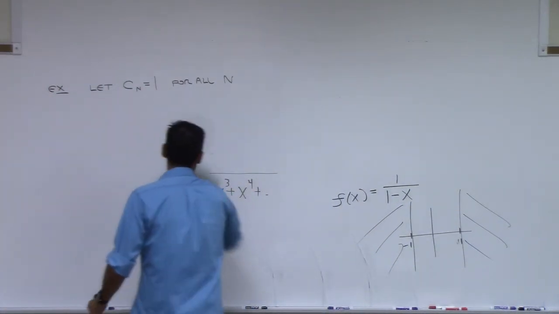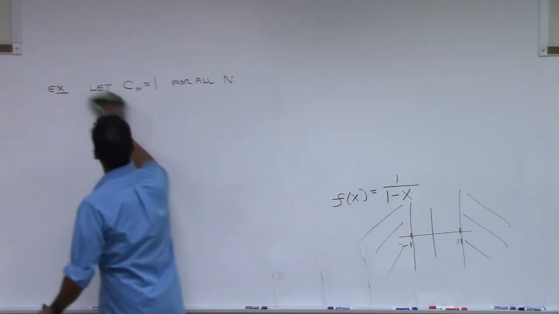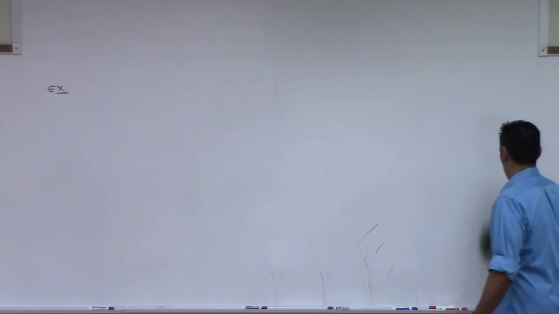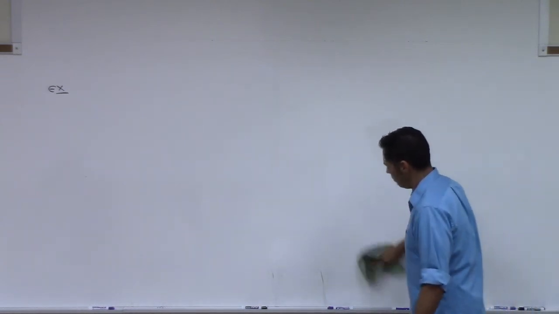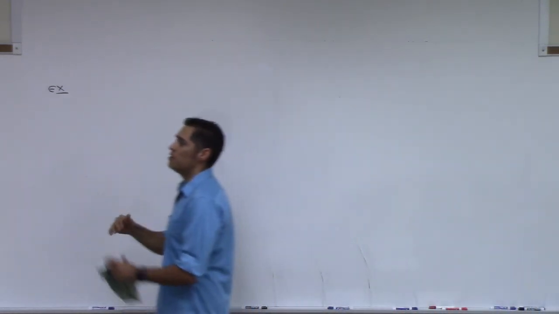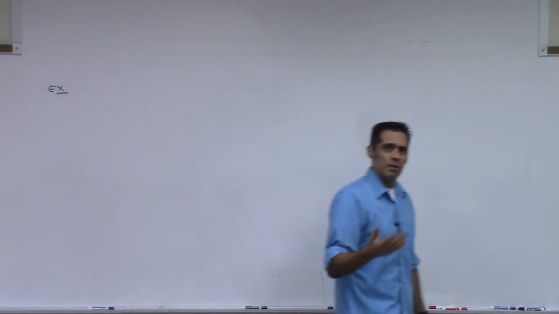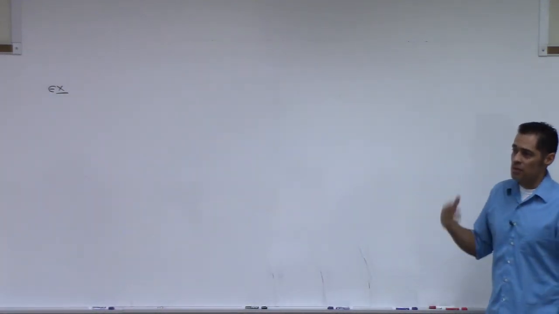Let's look at a different example. So it would be geometric any time that c sub n equals like c? If c sub n is a constant, right? If c sub n is always a constant the whole time, then it's going to be a geometric series. And therefore it'll converge so long as the absolute value of x is less than 1.